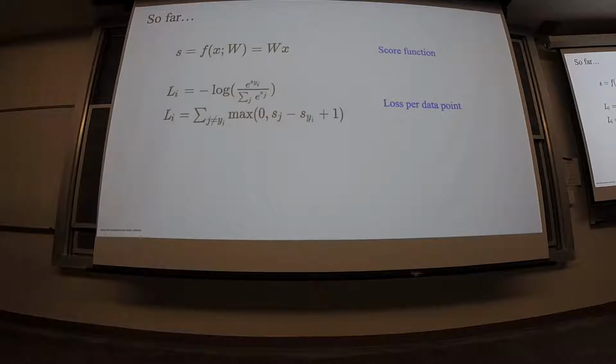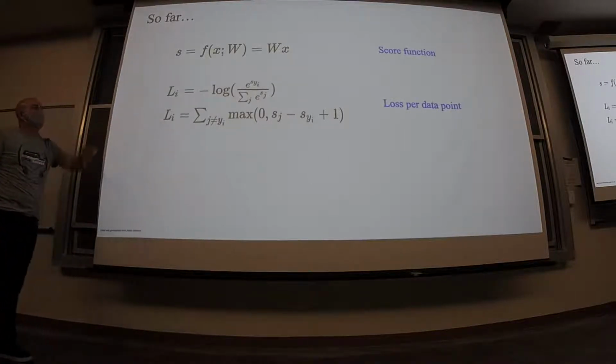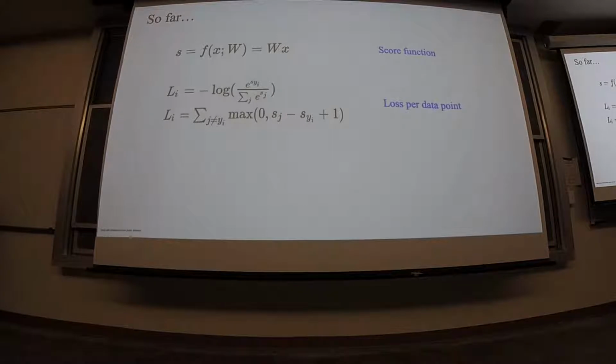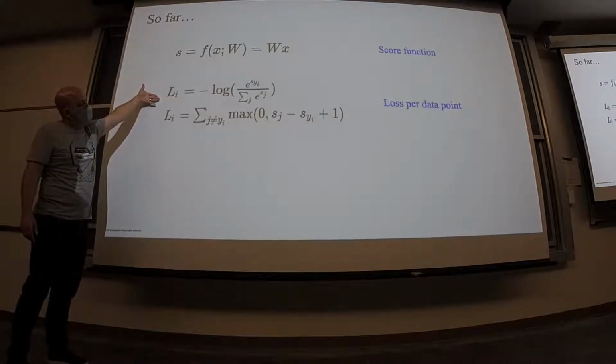And then what do you do with those scores? You need to have some way of quantifying how well you're doing at this task, and in classification, you want some way of saying, are we getting the class right or not? So we talked about a couple different losses: the SVM loss or hinge loss, and softmax loss, the cross entropy loss.